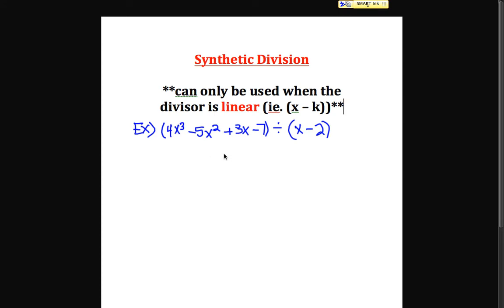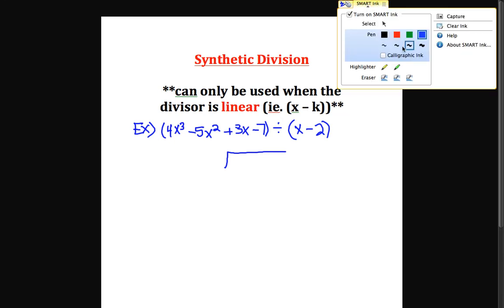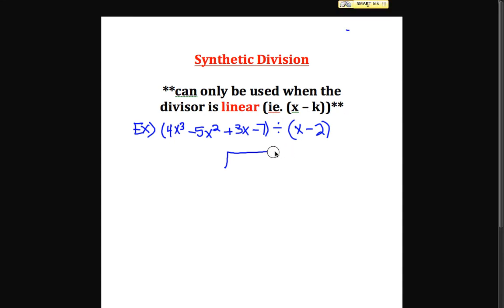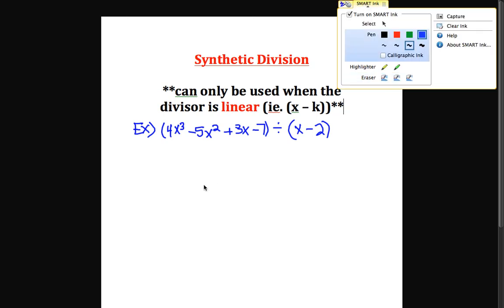Now, the way synthetic division works is we're going to turn division on its head. So where our divided by sign used to look like this, we're going to use an upside down divided by sign. And then everything else kind of goes upside down from there. Watch what I mean by that.